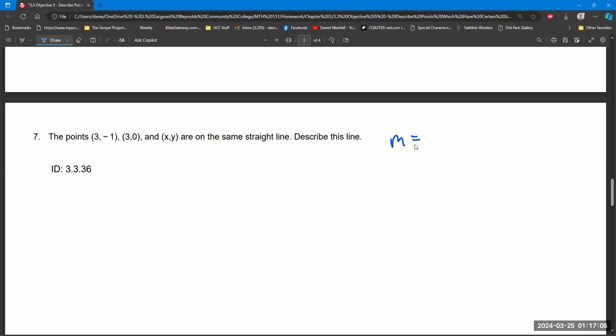So y2 minus y1 over x2 minus x1. Ooh, that's a problem because they all have x equals 3 in common. If I would have tried to find the slope, it would have been undefined.